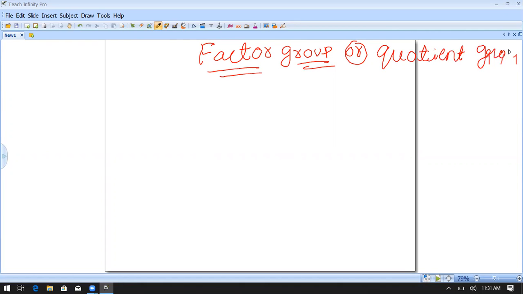So, factor of a group or a quotient group.